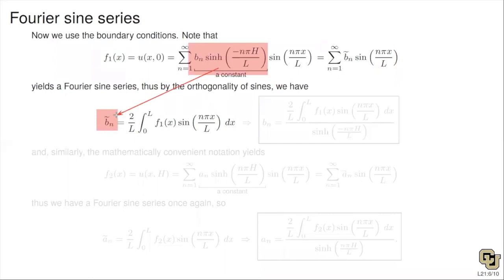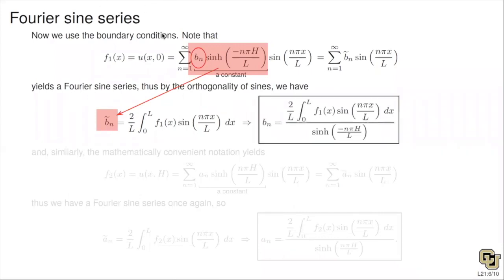So if I divide both sides by sinh of negative n pi h over L, then I'll be able to solve for the b sub n right here, which is unknown. And so finally here's my formula for b sub n. It's the 2 over L, the usual formula for the coefficient from a sine series, divided by that extra constant. So we have this extra term here. We're dividing by that down here.